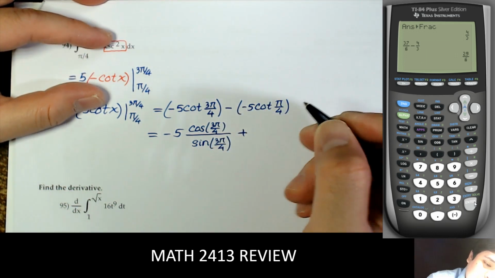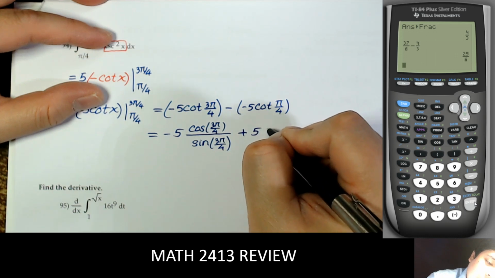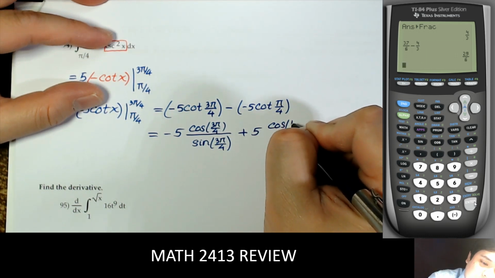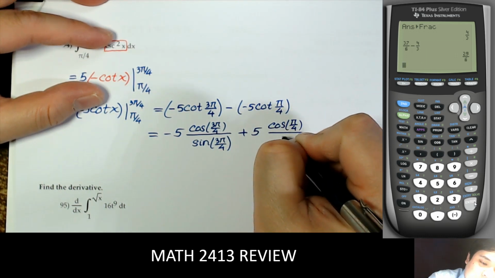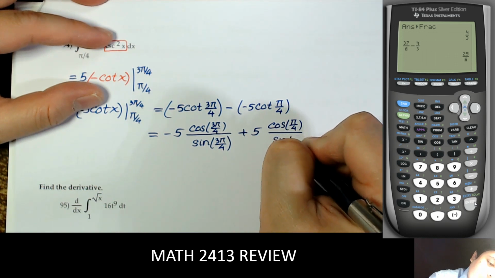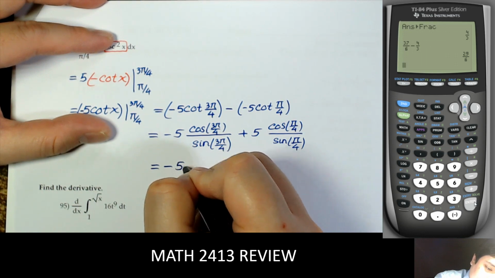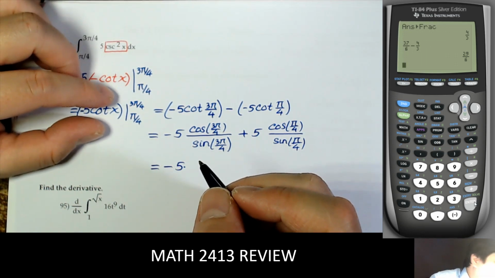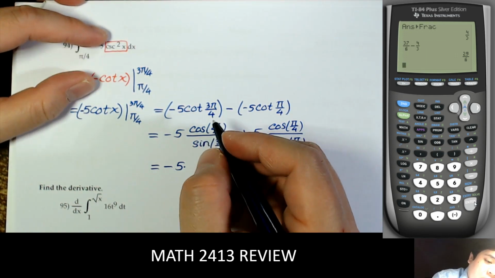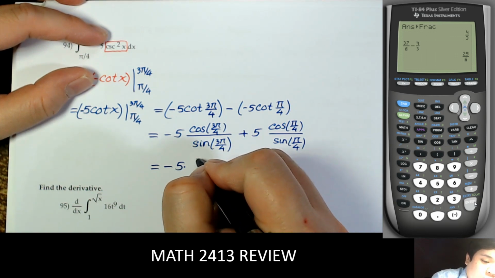Negative, that's the plus 5 cosine pi over 4 and sine of pi over 4. Right. Cosine of 3 pi over 4 is square root of 2 over 2, but negative.